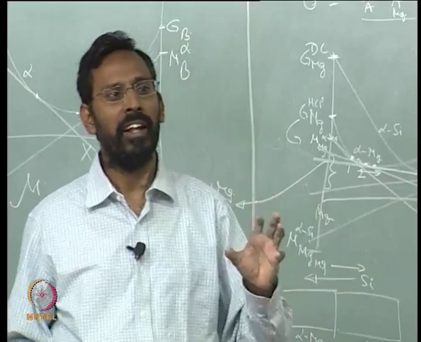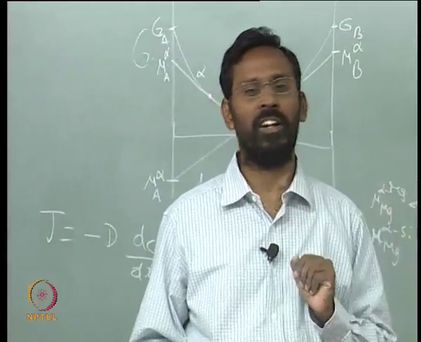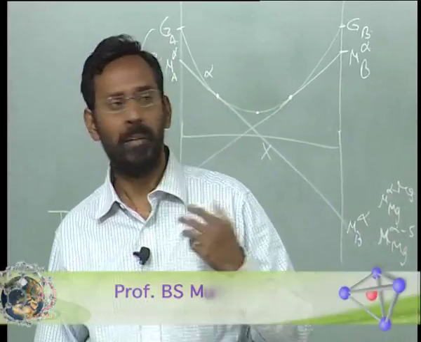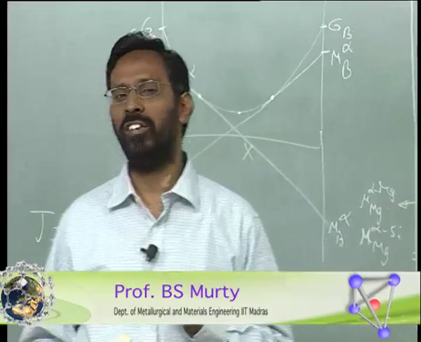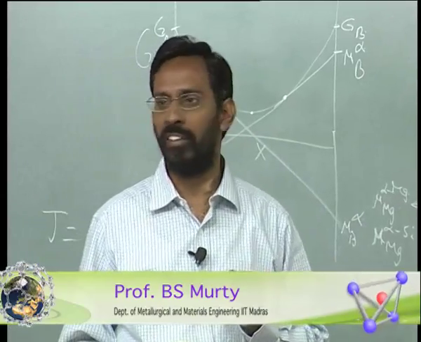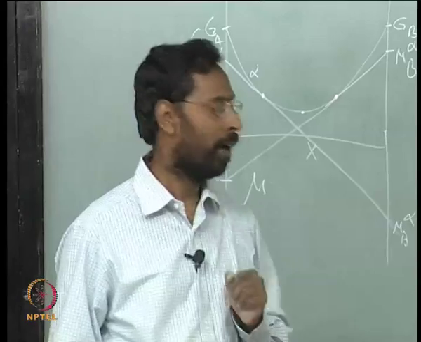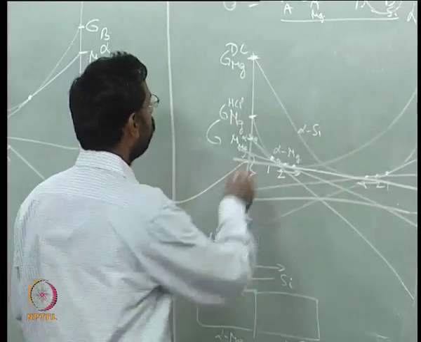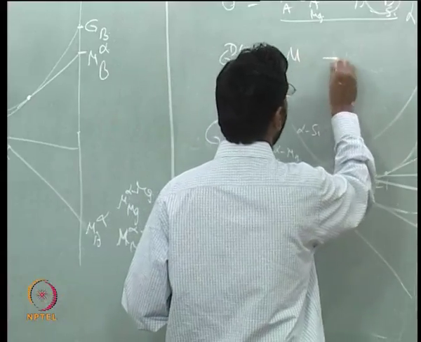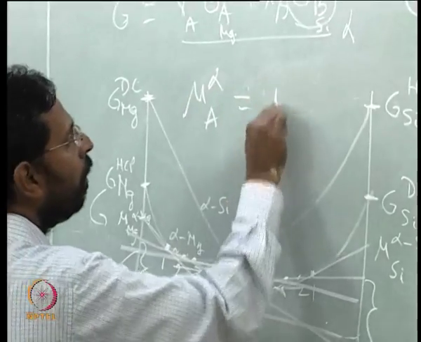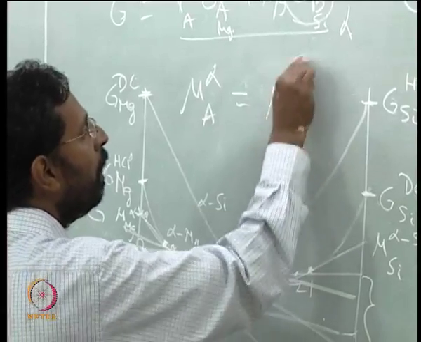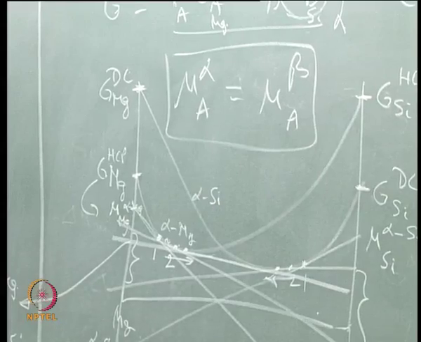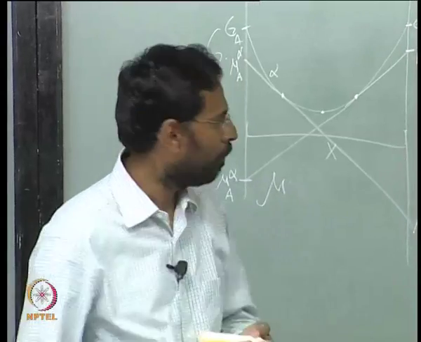Because there the chemical potential is driven by the concentration gradient, whereas in ternary cases the chemical potentials are changed because of the presence of ternary interactions, and that is what we have to remember, and that is how we understand the chemical potential. So, we should say that mu of A in alpha should be equal to mu of A in beta as the equilibrium concept. Okay? With this we will stop.